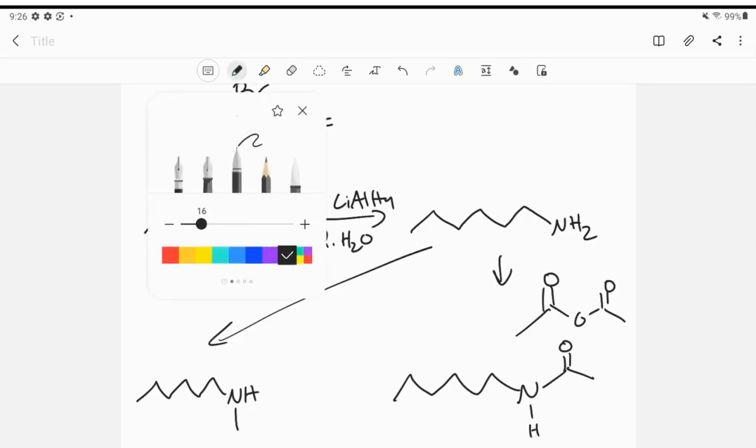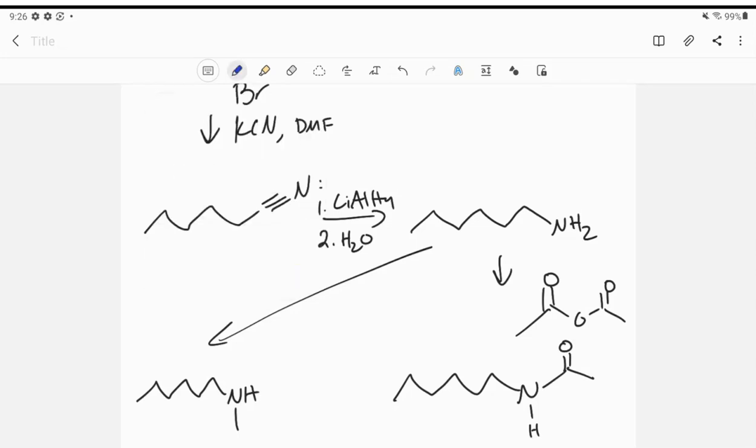Remember that with a lot of these syntheses, there's really three ways that we make amines, right? We can use a nitrile and reduce it, which we have done here. We can use the Gabriel synthesis, but with Gabriel you can only make primary amines. But if you want a secondary amine, there's only one way to do that, right? And that is reductive amination.